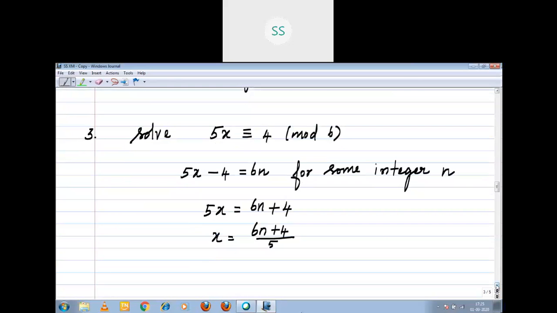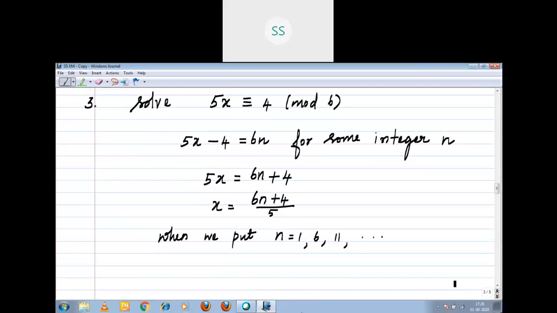Right? When we substitute, when we put n equal to 1, next you have to add 5. 6, you should add 5, right? 11, etc. Now only it is divisible by 5.